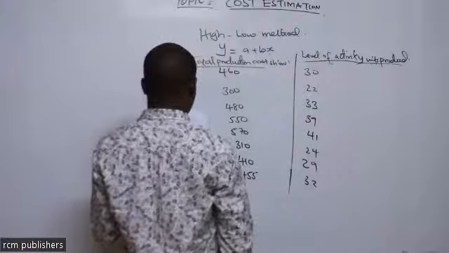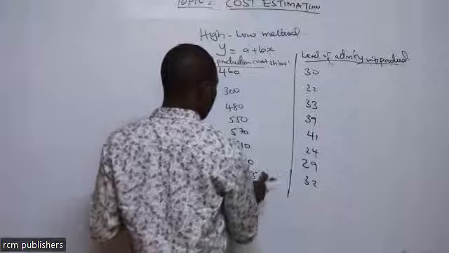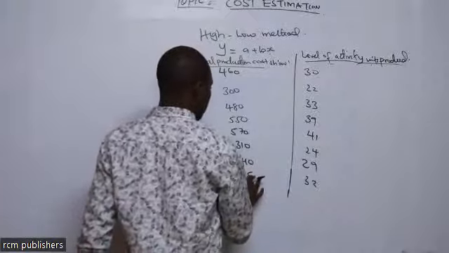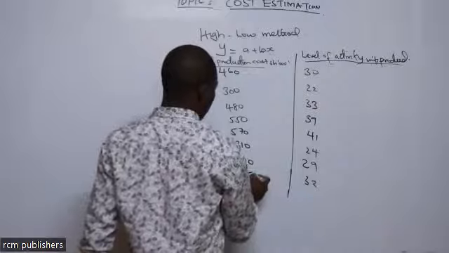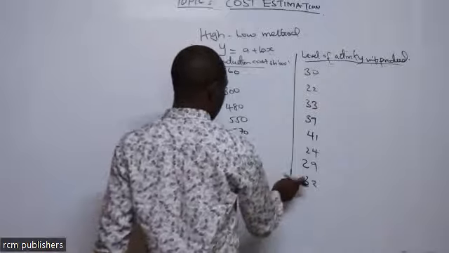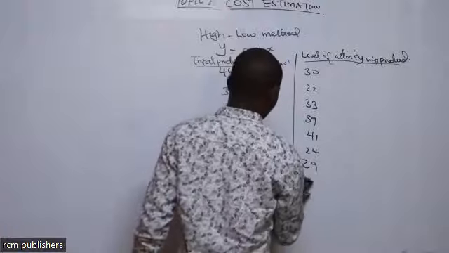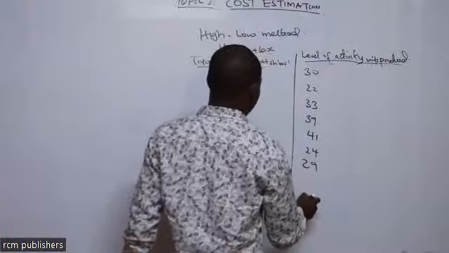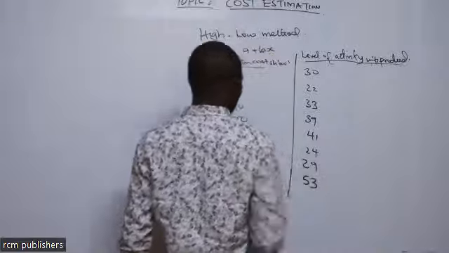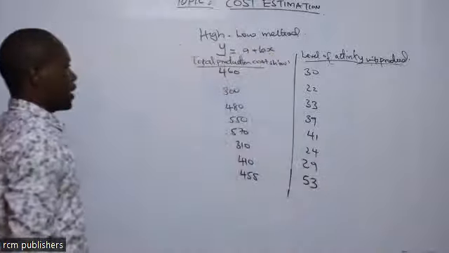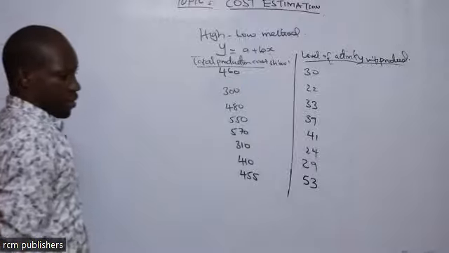Then we have, so let me just modify this to meet my interests. We have 55 against 53. Let's just have something of that kind. That is what is given.